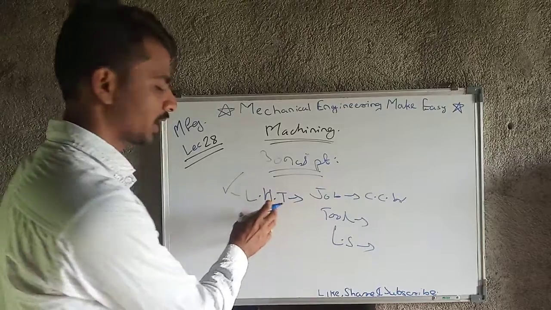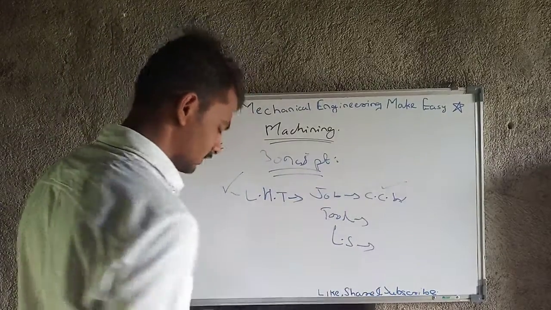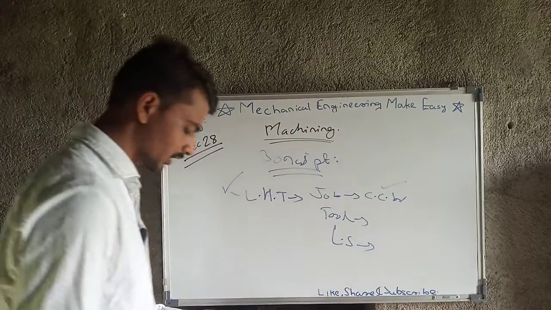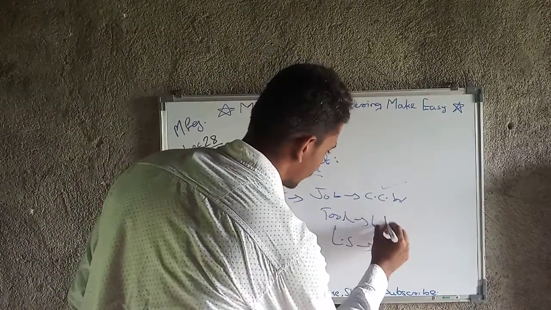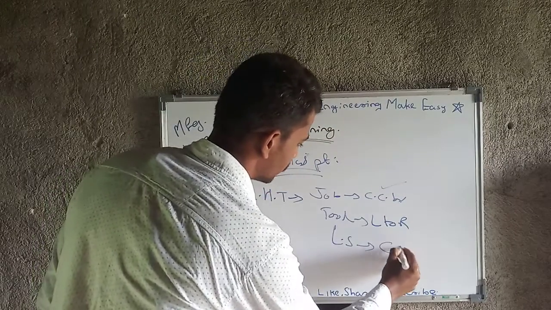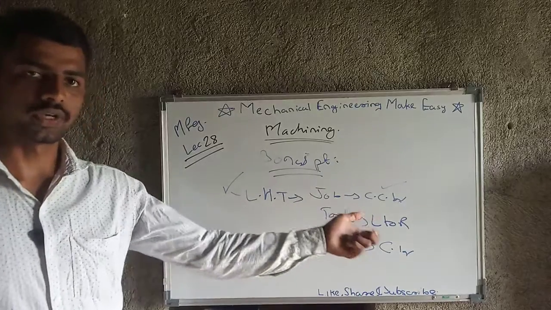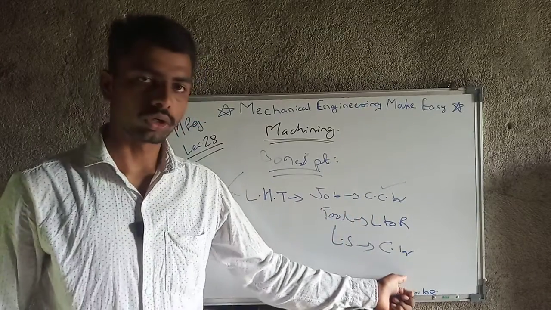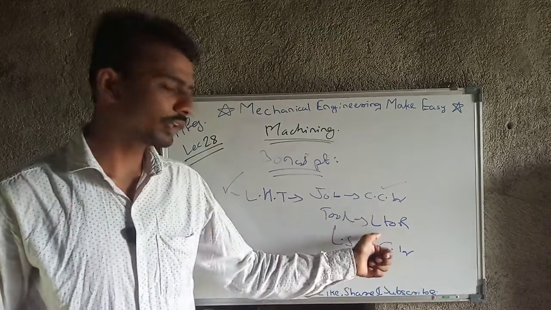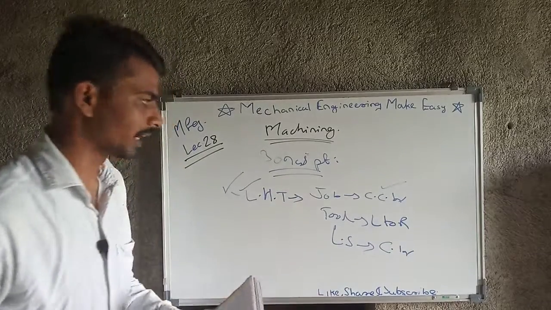The job will move in the same direction, counterclockwise, but the tool will move from left to right, and the lead screw will be in the clockwise direction. Then the threads generated will be left hand threads.